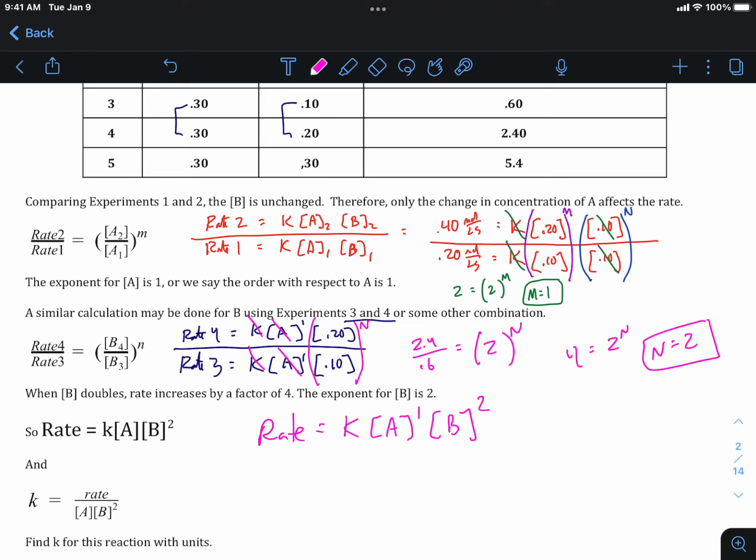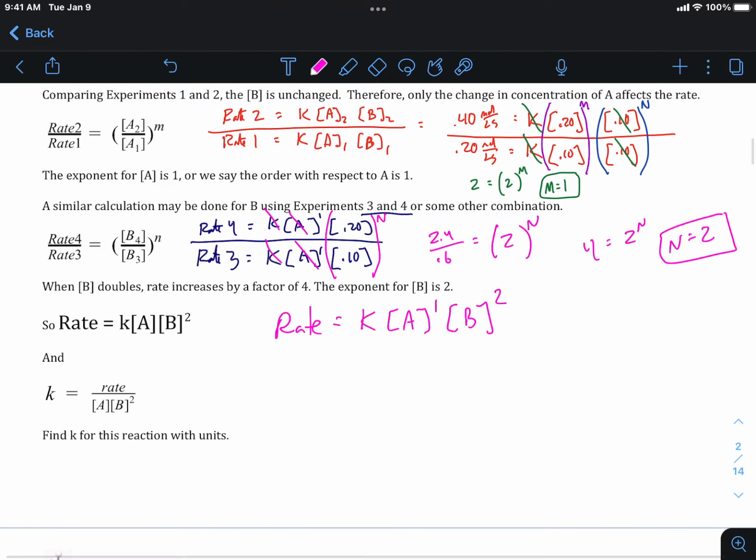Because while I know the orders, what is still unknown is K. So now I need to solve for the rate constant. To do that, we just take the rate law that you figured out, rearrange it to solve for K, and now we pick a trial, any trial, it doesn't matter. And we plug the values in for that trial and we solve for K, because the K should be the same for any trial. It doesn't matter which one, okay?